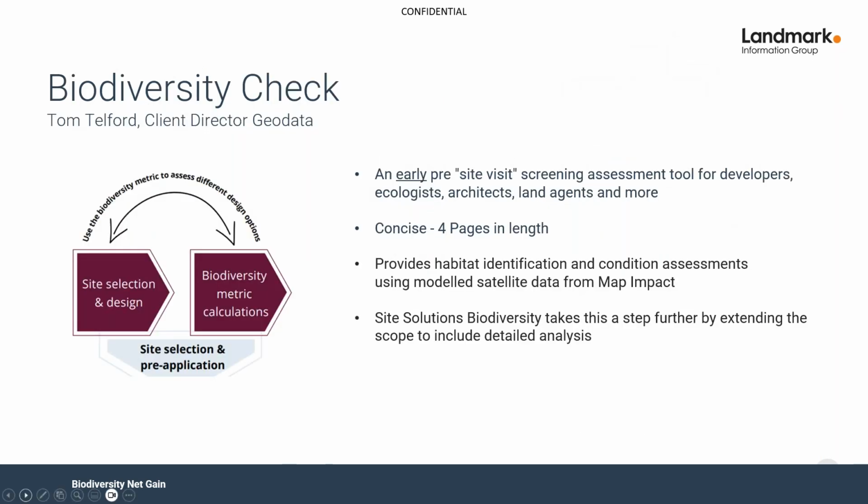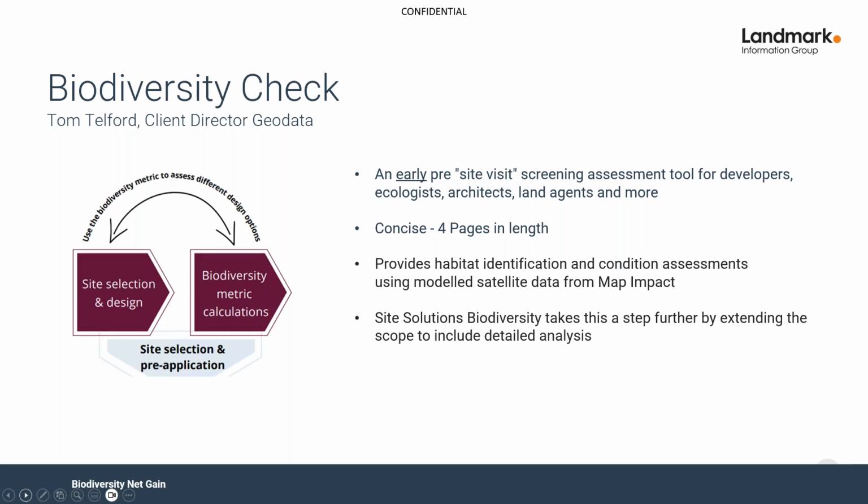Looking in a little more detail at the biodiversity check report, this comes in very early in the project. It's an early pre-site visit screening assessment tool that can be used by developers, ecologists, environmental consultants, architects, and many more. It's a concise report, only four pages in length, so straight to the point, and easily attachable to a planning application if required.